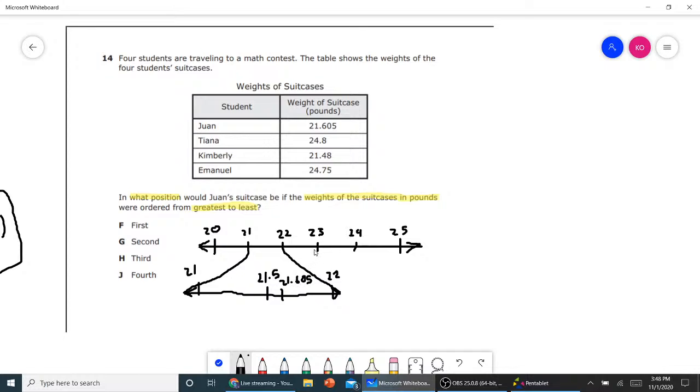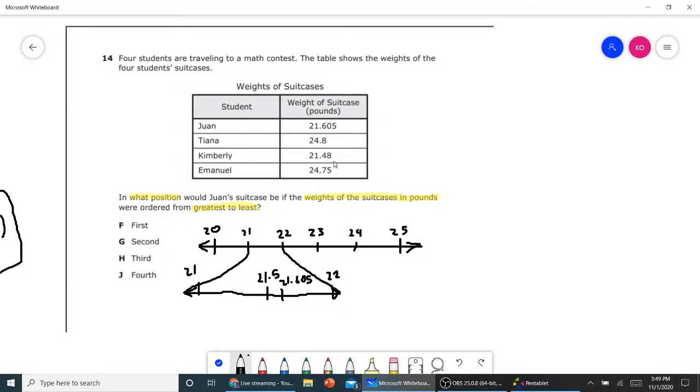Okay, and let's also look at this table and see if there are any other numbers in the range of 21 and 22. As we can see, there's one other number, Kimberly's number, 21.48. So we ask ourselves, is 21.48 greater than or less than 21.5?